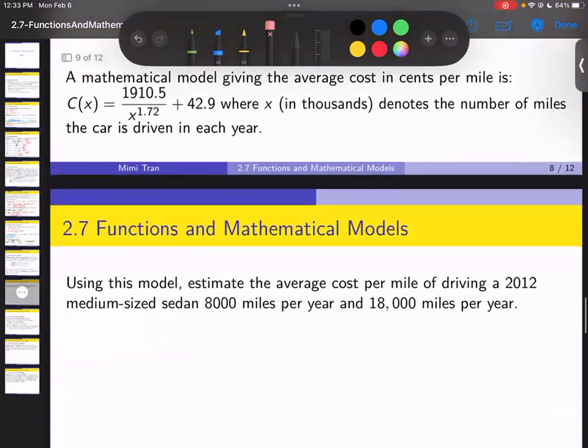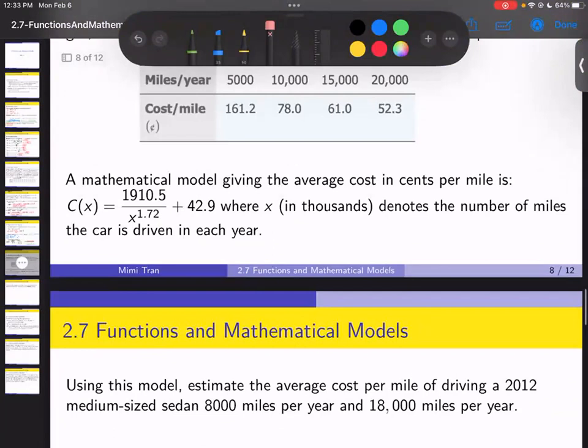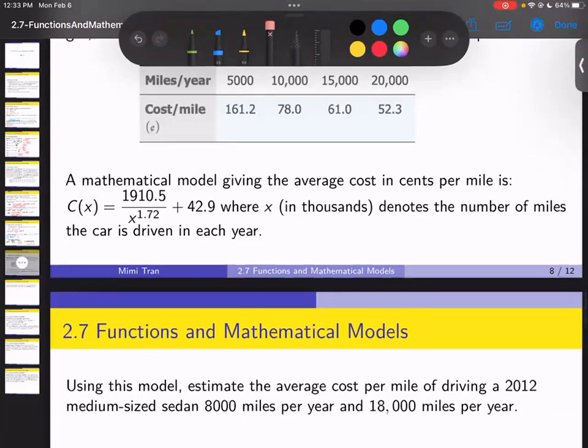And use this model to estimate the average cost per mile of driving in 2012, medium-sized sedan, 8,000 miles per year and 18,000 miles per year. I'll walk around, see how you set this up. It should be very easy.